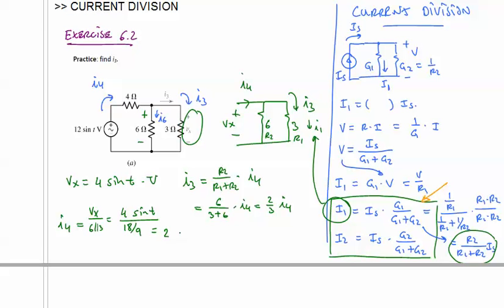So this is 2 sine of t amps, and this is going to go over here. So lastly, finally, we can write the solution. It is 2/3 times 2, so 4/3 sine of t amps. Make sure I have that 4/3 yet. And that's it.